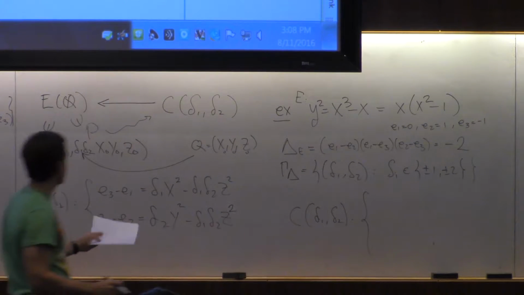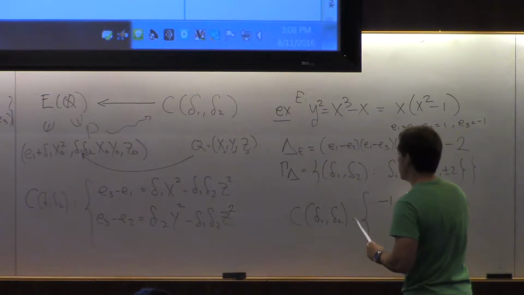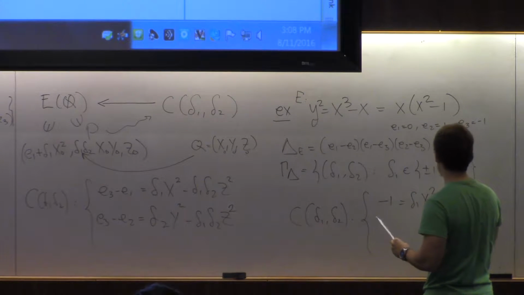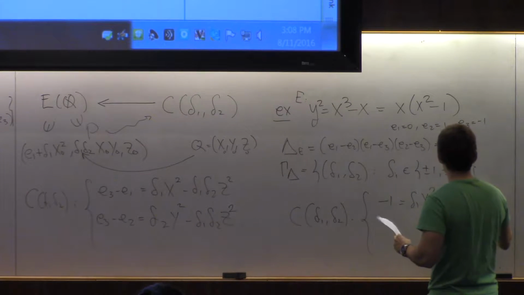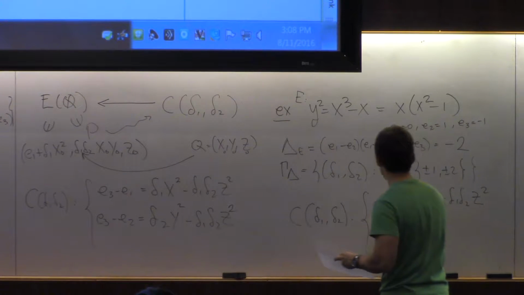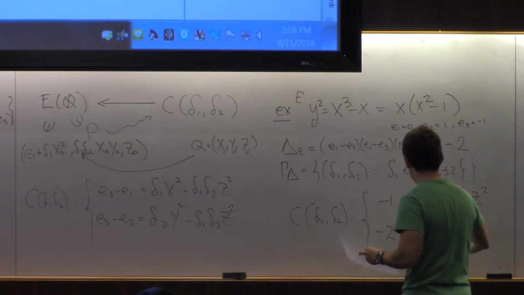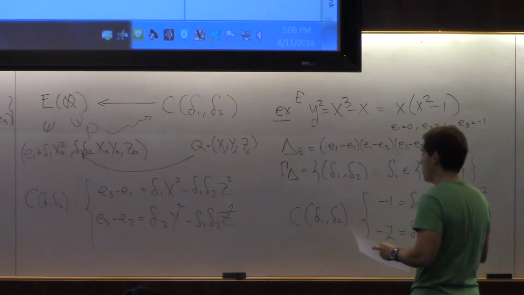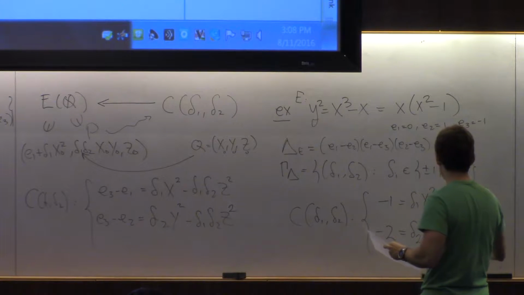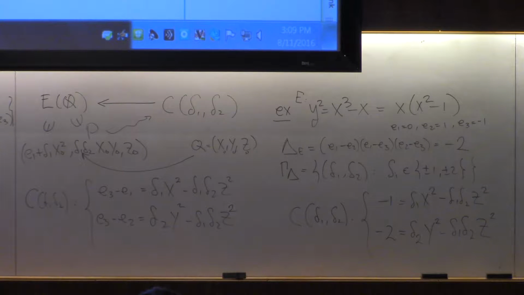Okay, so in this case, e3 minus e1 is minus 1, is delta1 x squared minus delta1 delta2 z squared, and e3 minus e2 is minus 1 minus 2 delta1 delta2 y squared minus delta1 delta2 z squared. Okay. So what I want to do is look at all the spaces.